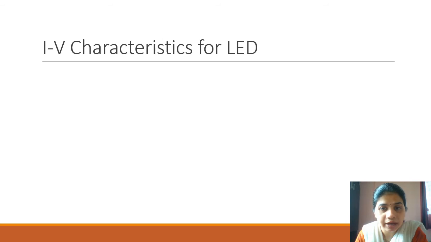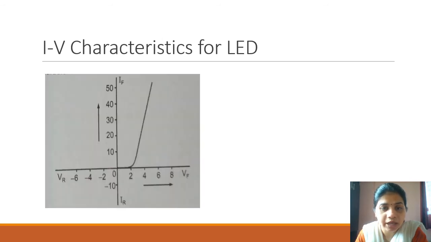Now the IV characteristics for an LED. As you can see in the diagram, it is very similar to that of the PN junction diode. As it is forward biased, it must appear in the first quadrant, where voltage is positive as well as current is positive. The current is in milliampere.